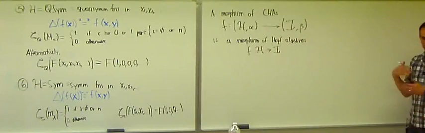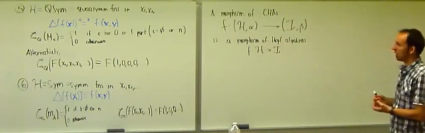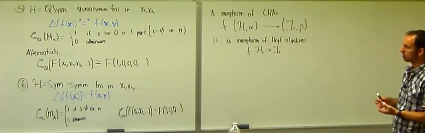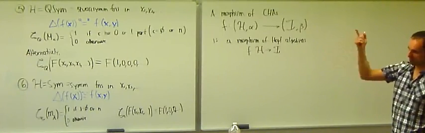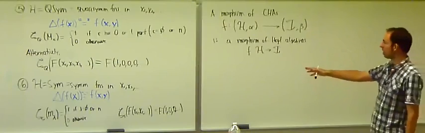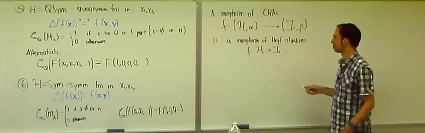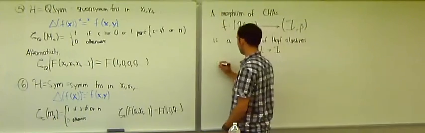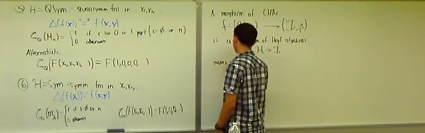It should preserve the product, the coproduct, the unit, and the counit. But one thing that you'll notice is that combinatorial Hopf algebras come with a grading. So we also need to make sure that this preserves the grading, which doesn't hold for free. Preserving the grading.